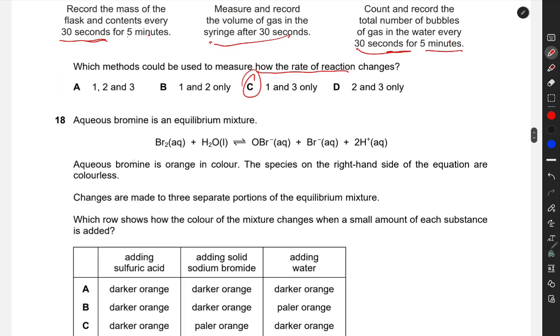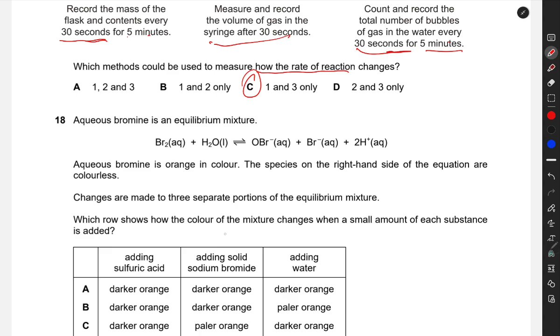Question number 18. Aqueous bromine is an equilibrium mixture: Br2 plus water gives OBr minus plus Br minus plus 2H positive. Aqueous bromine is orange in color. The species on the right hand side of the equation are colorless. Changes are made to 3 separate portions of the equilibrium mixture.